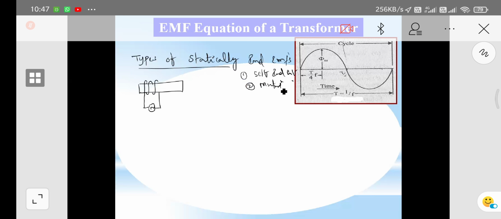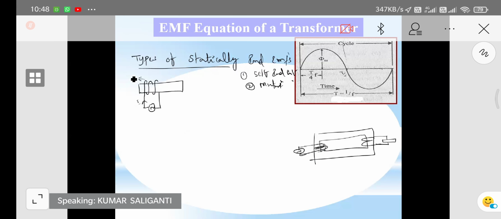First of all, as you know, this is the transformer here, this is the load side, and this is the source. This is one coil, with the source and the current. This is the primary.